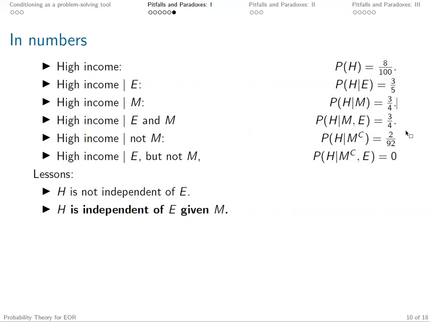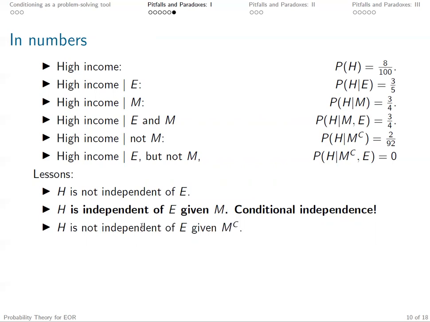So what actually drives the high salaries is whether or not one likes mathematics, right? And H is conditionally independent: once we know event M, it no longer matters whether E or not. And H is not independent of E given not liking mathematics, right?